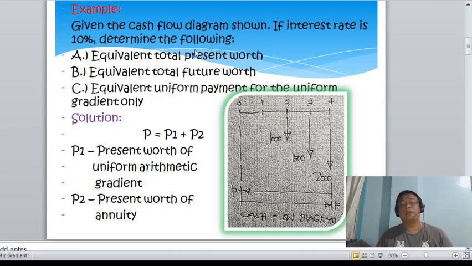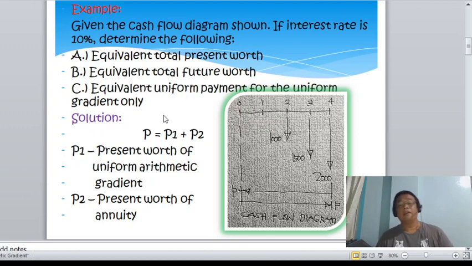So, actually, class, this is very easy. You can simply solve this problem using the equation of value. Okay? So, if you are going to determine the total present worth, just bring all the payments toward 0, and then sum it up, and then you will get the value of the present worth.